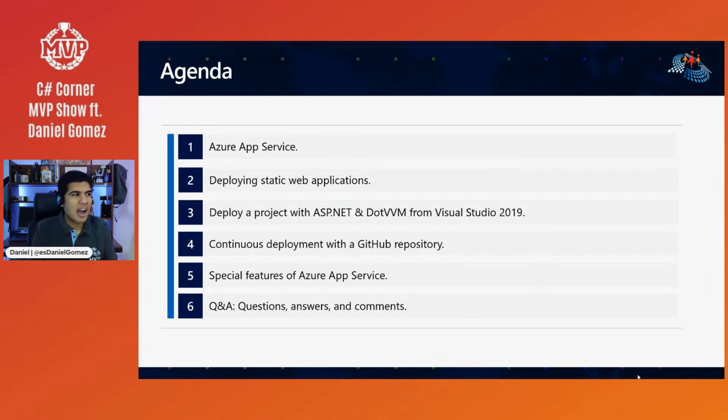For example, if we have HTML with CSS files, we can deploy these static applications on Azure, and then we can take a real project, for example from ASP.NET, and deploy it, for example from Visual Studio 2019. Then we can see other features, for example continuous deployment when we have a GitHub repository and we work in a team, and then special cloud computing features of this Azure App Service resource, and then we can have questions, answers and comments to interact with each other.